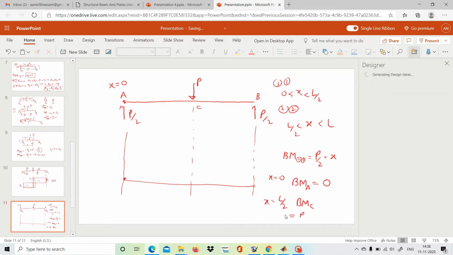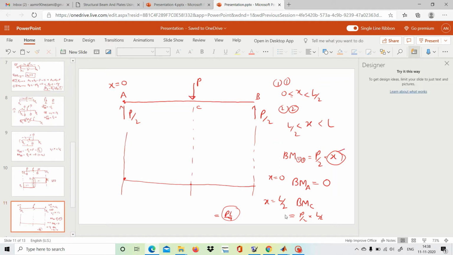into L by 2, which would be equal to PL by 4. I have written here for this. So it would be PL by 4 at this point, and hence P by 2 into X varies with X having a first order, it is linear.